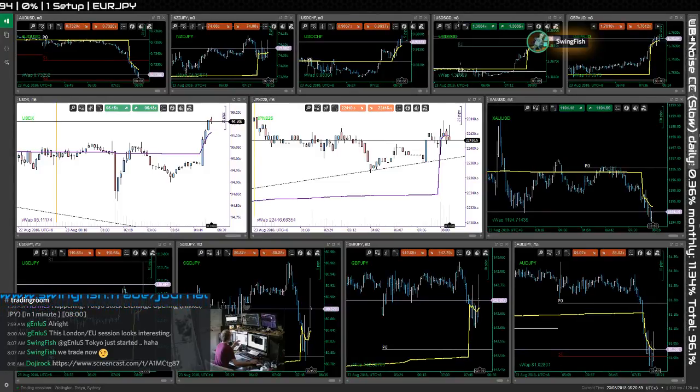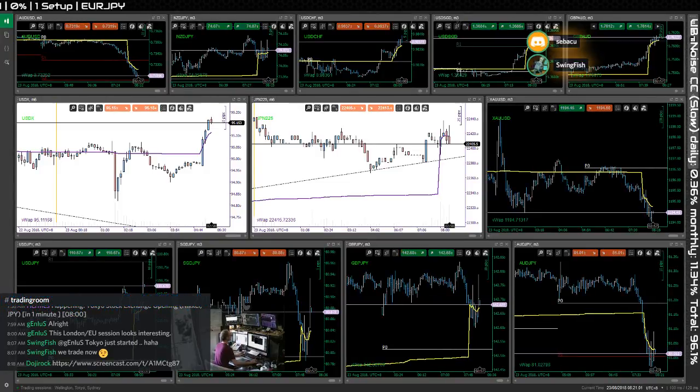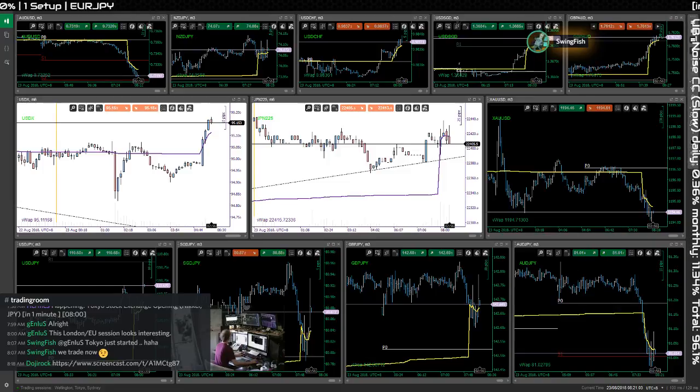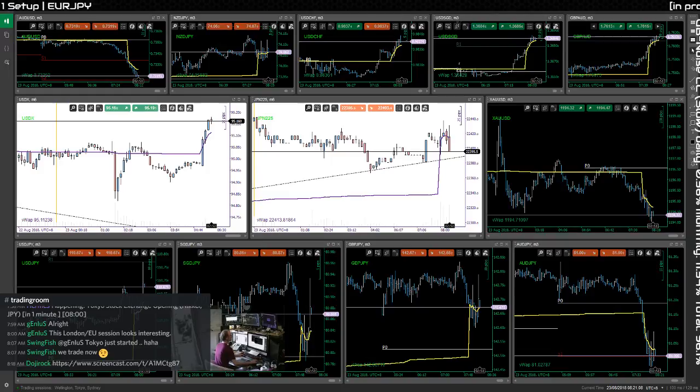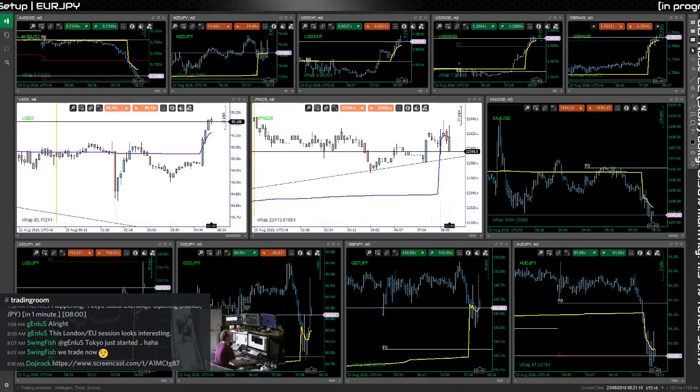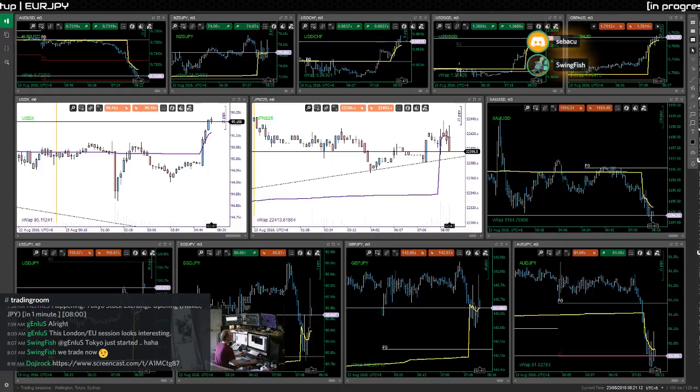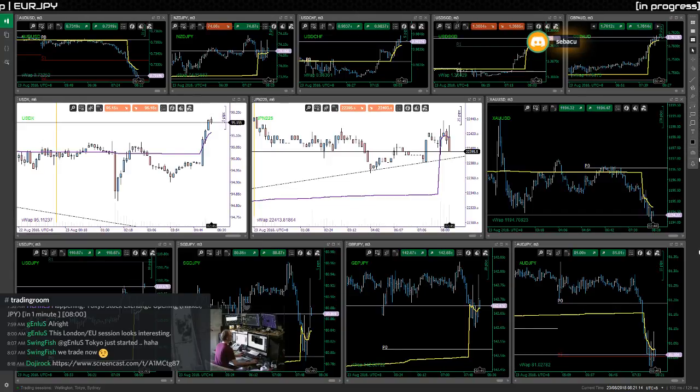Dollar is pulling back. If the Nikkei goes up, then this is gonna shoot up, but it looks like it's not gonna happen. And gold is still staying in the support area.